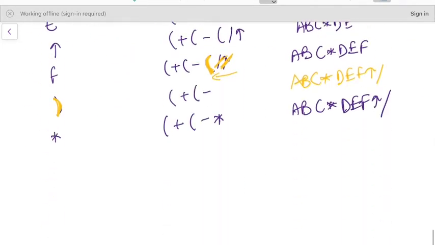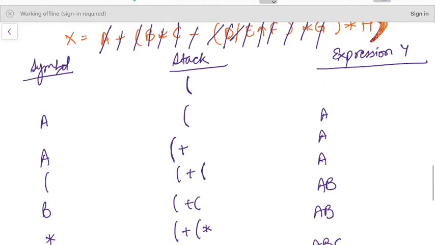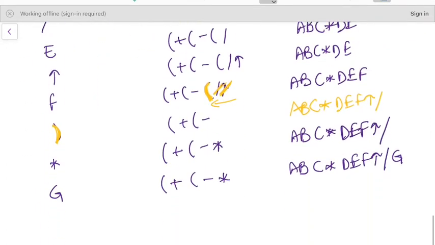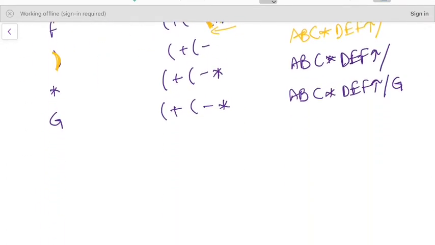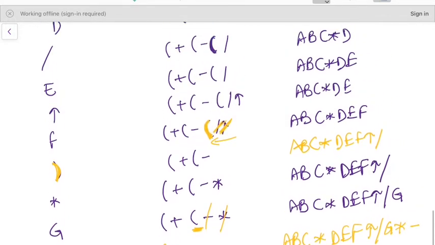And then G. This is G, and then closing parenthesis, the same story. This is the last opening parenthesis, so we pop everything out. So multiplication and then minus.